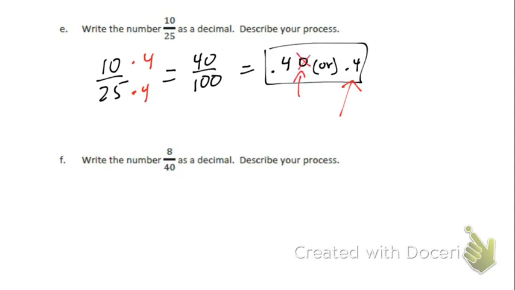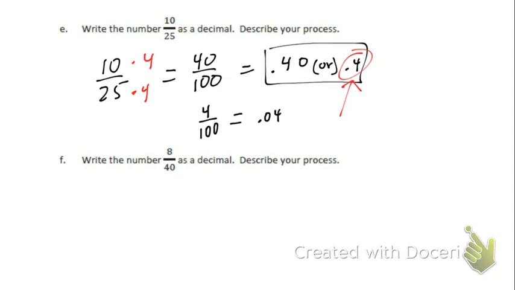So I can even cross that out. So this is 0.4. If we had 4/100, that would be 0.04. So make sure you guys know the difference between those two.